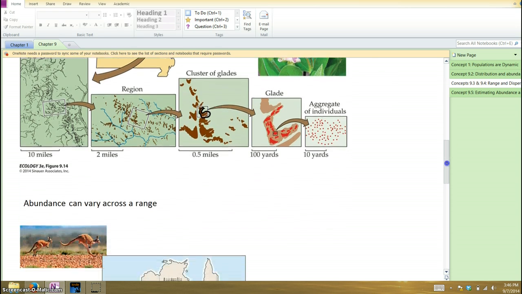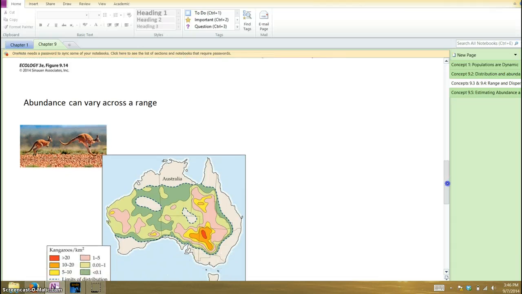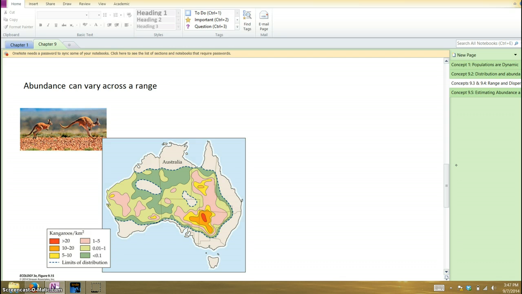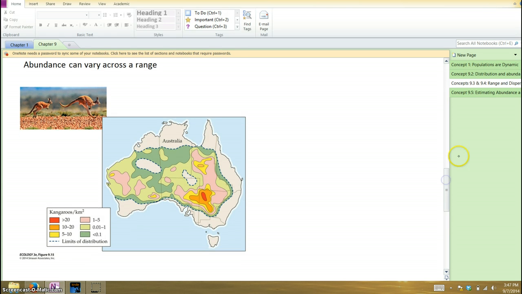Again, common characteristics of species. And so within a geographic range where you find a species, of course, they're not equally distributed across that range. Here's an example with kangaroos in Australia. They basically are found throughout a good chunk of Australia, excluding those little areas there.